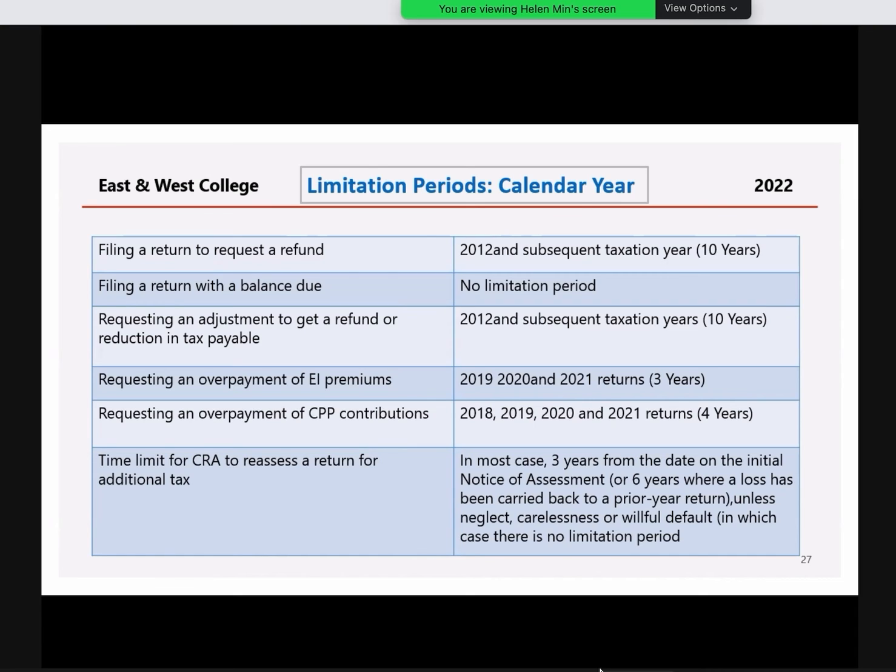Now some people, yeah, they did a paper return. Yesterday afternoon I went to the bank, HSBC bank. Then the lady came to me and asked me a question, because she knows I know income tax very well. I was surprised, so I will give her an example next week.